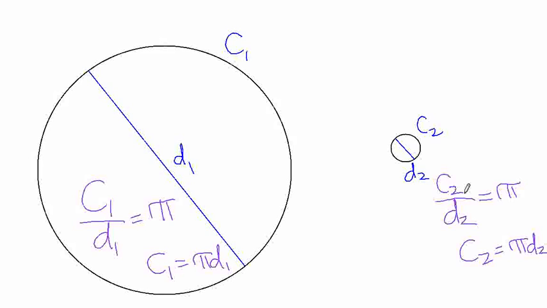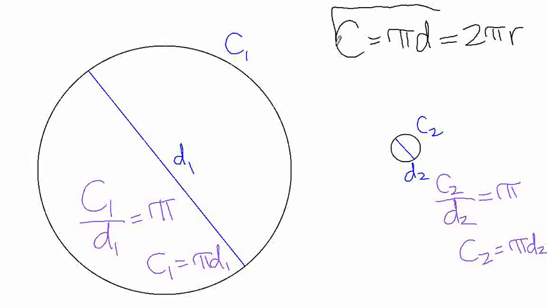So for any circle, the circumference, which we call C, is equal to pi, whatever number is represented by the Greek letter pi, multiplied by the diameter, which we denote by d. Now we know that the diameter is equal to twice the radius, so we can also write this formula as 2 pi r. That will be our formula for the circumference of any circle.